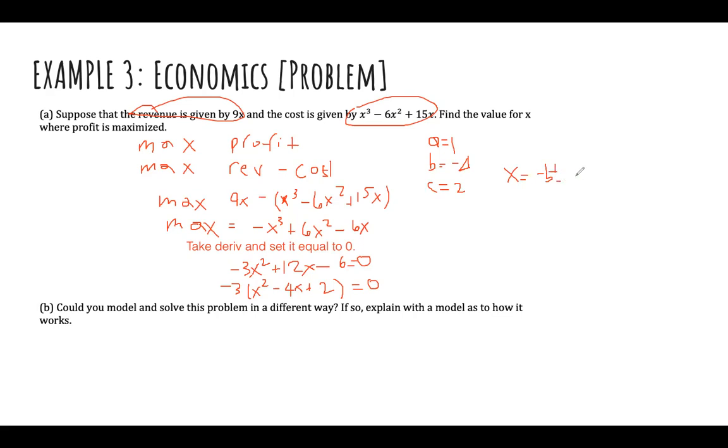And if I were to outright compute this by hand, my opposite of b is just 4 plus or minus the square root of 4 squared, which is 16, minus 4 times 1 times 2, over 2a.